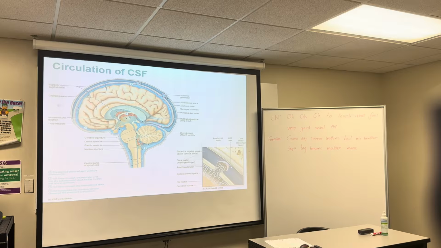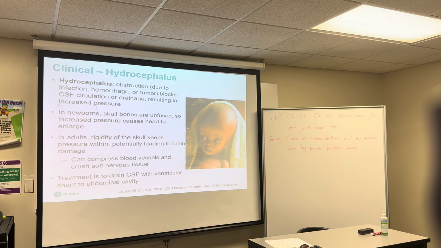After cleaning and washing, from the subarachnoid space, from the arachnoid mater, you have some arachnoid granulations. They are exposed to the dural venous sinus. Okay. And then after washing and cleaning everything, they are giving all this cerebrospinal fluid back to who? The blood. Okay. In the dural venous sinus, right here, by the arachnoid granulation.